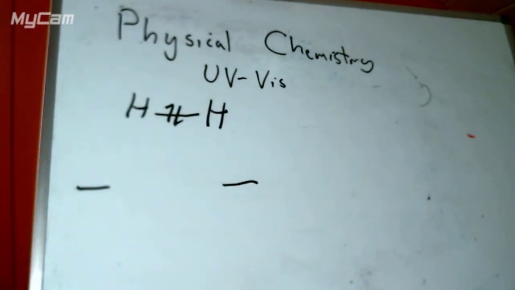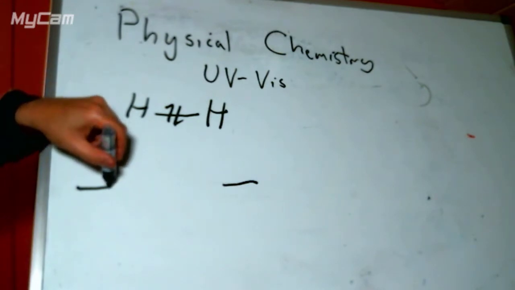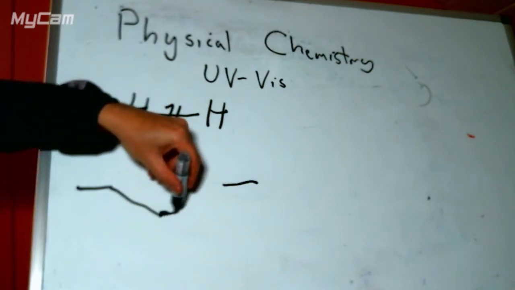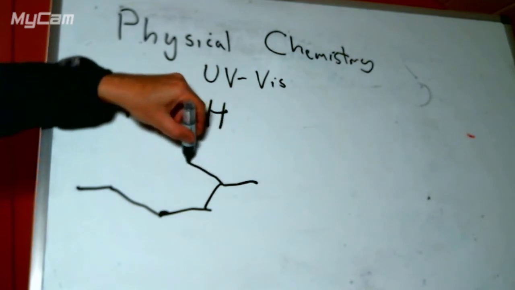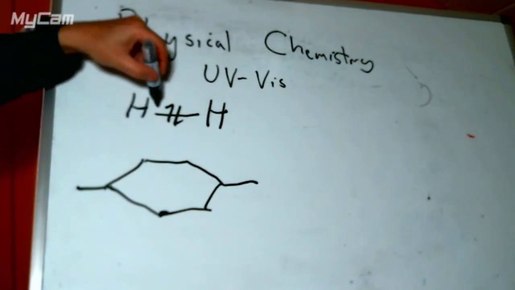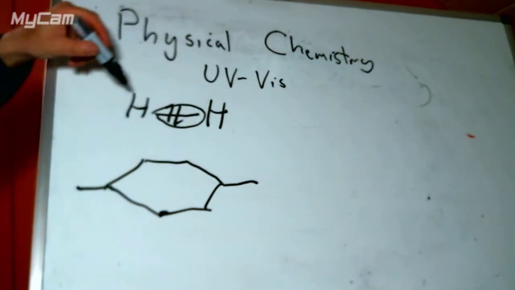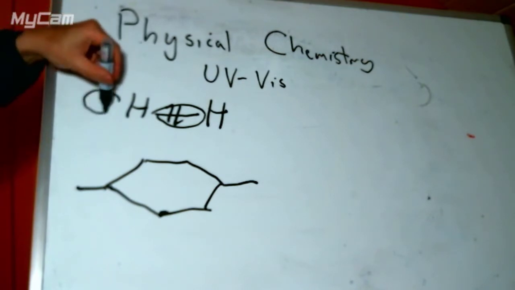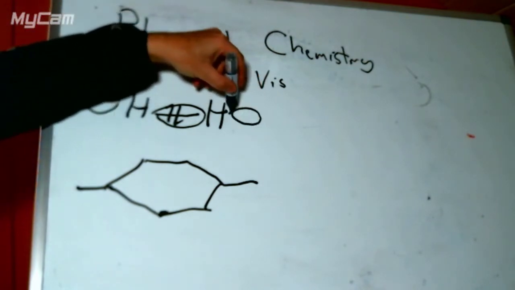molecular orbital structure, we've got 2 orbitals that go together to make a bonding orbital and an anti-bonding orbital. The bonding orbital is this one in between, and the anti-bonding orbital is here on the outside.